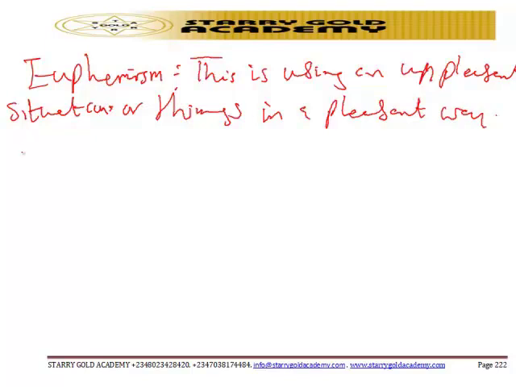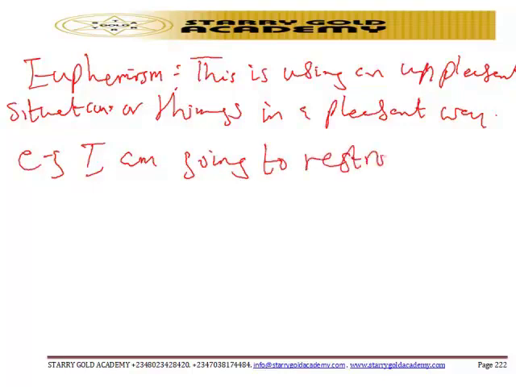Now look at the example, e.g., they say I am going to the restroom, or I am going to the comfort station, or White House.